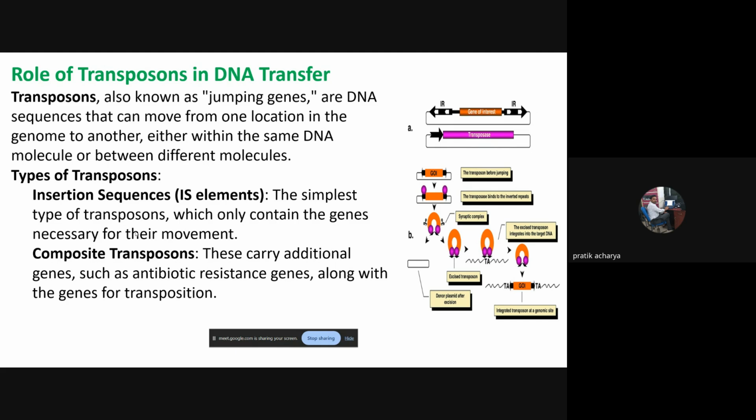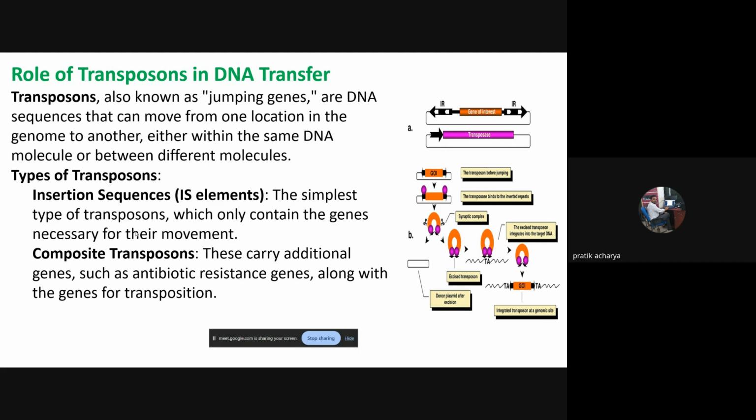Transposition is the process in which bacteria involve the movement of genetic elements, called transposons, the jumping genes, to different locations in the genome.